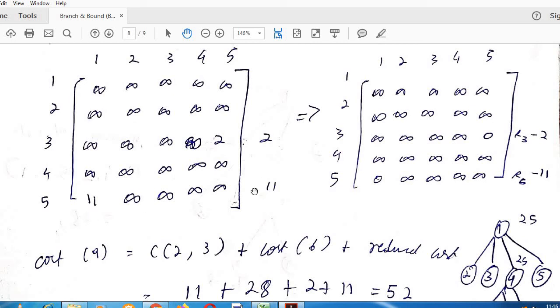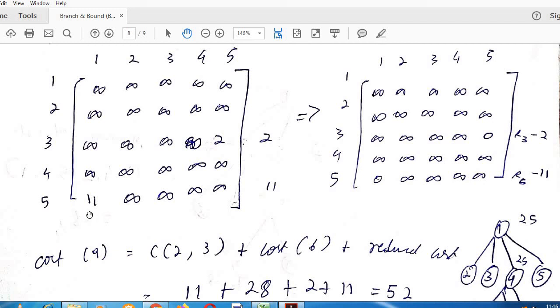That's why I will be ignoring it. When I perform row minimization first, the value becomes 0, so when I perform column minimization I will get minimum value 0. That's why I have not considered 11 here for the column minimization.